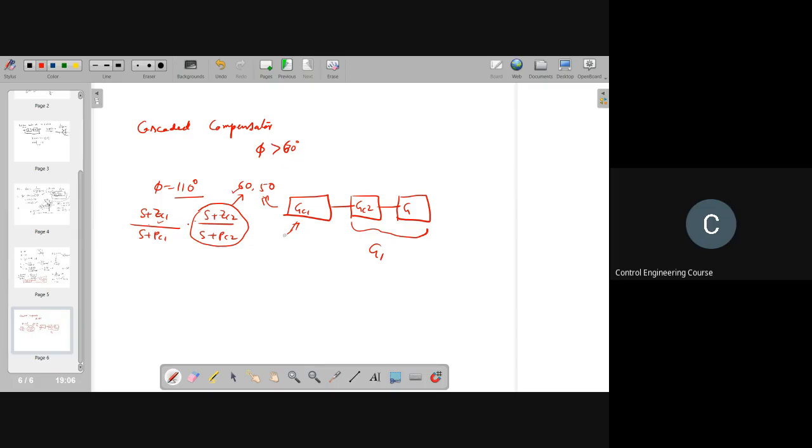Again you follow the same technique, with this as the new G and this as the compensator you are going to design. Like that you can find the overall cascaded compensator. Is it clear? This is how you need to proceed if the angle difference is greater than 60 or 70 degrees.